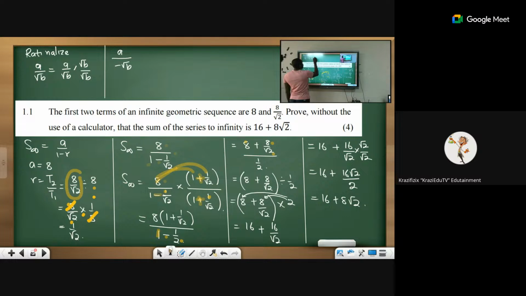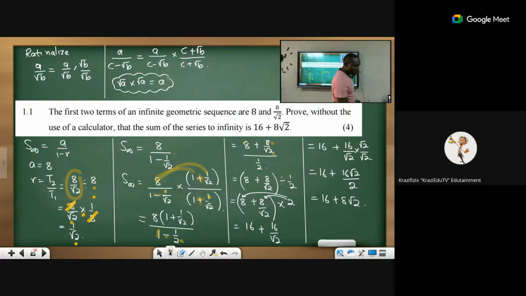Let's say C minus root B will be equal to A over C minus root B. Now you conjugate, you change the sign. And what you must know is root A times root A will give you A. If you check your calculator, root 2 times root 2 would give you 2. Laws of surds. I hope we're good.